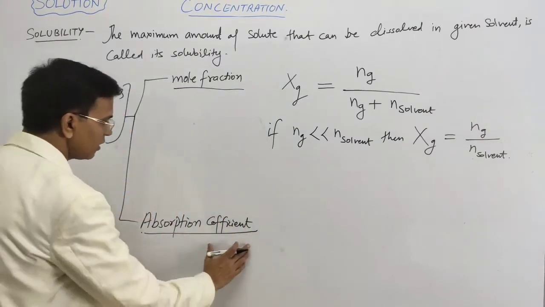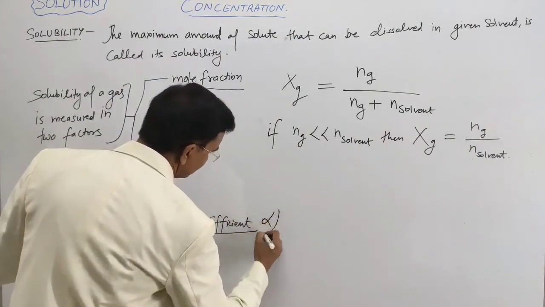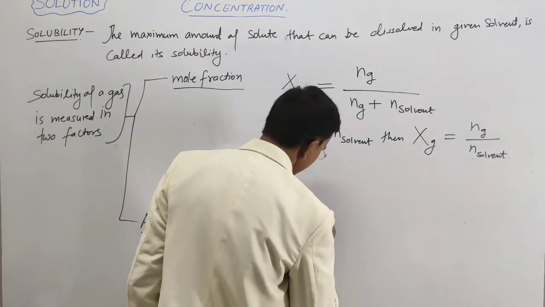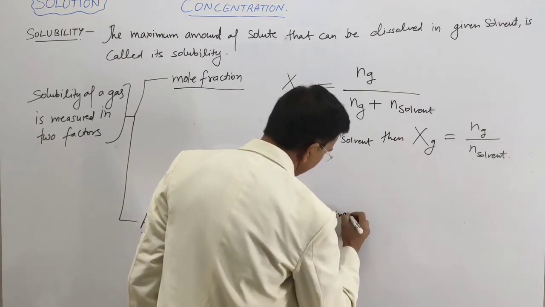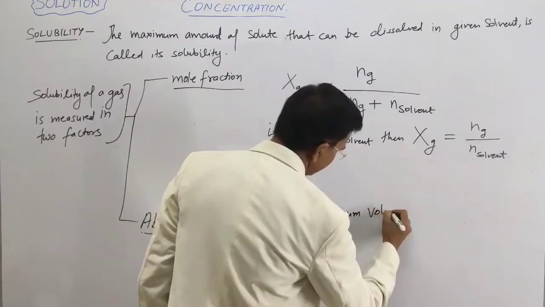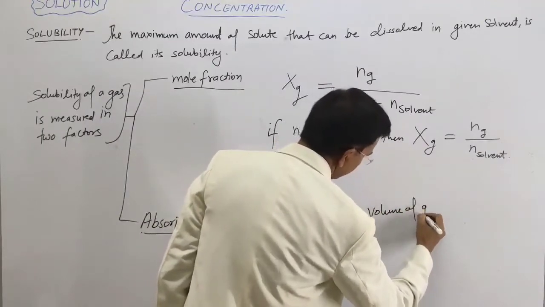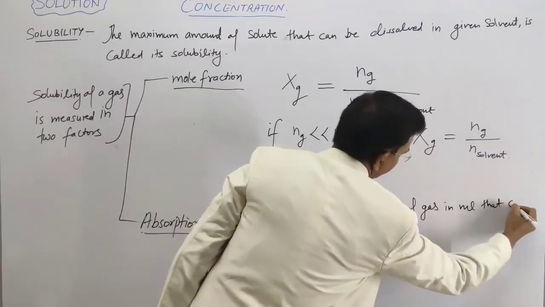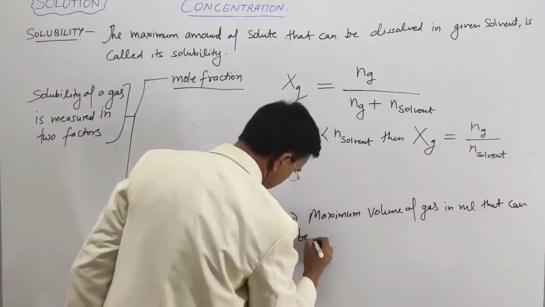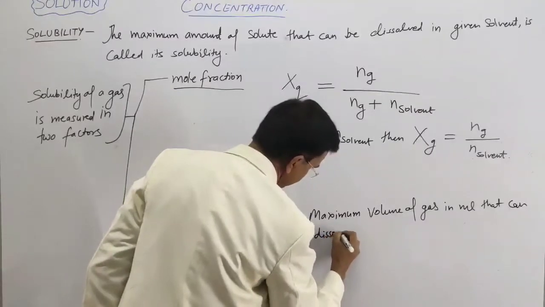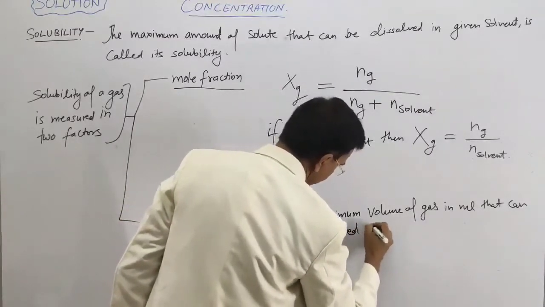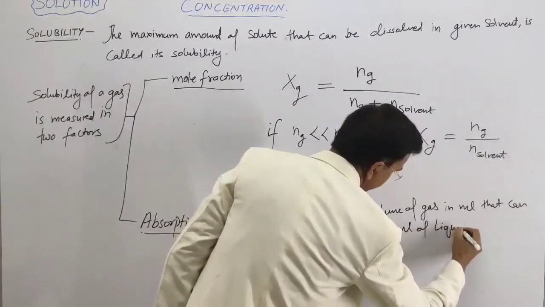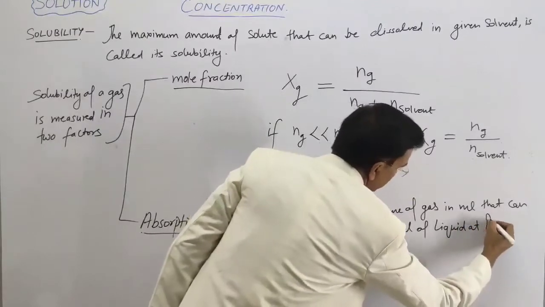The absorption coefficient is represented by alpha, and it is the maximum volume of gas in ml that can be dissolved in 1 ml of liquid at a particular temperature.